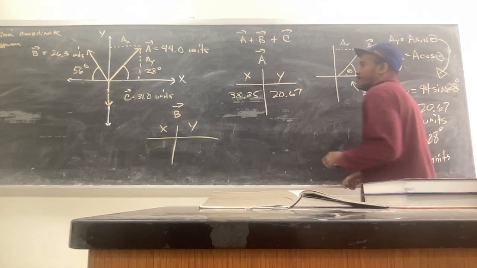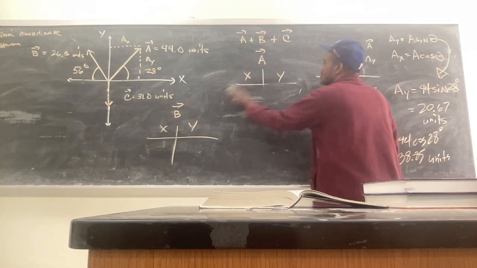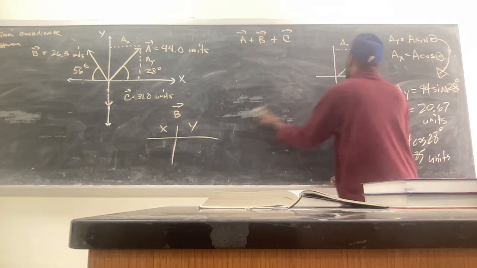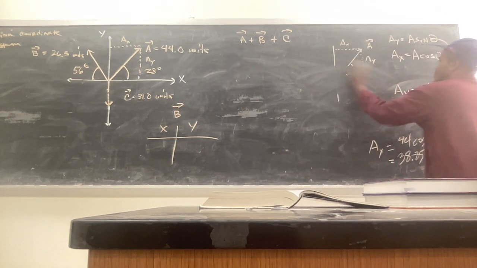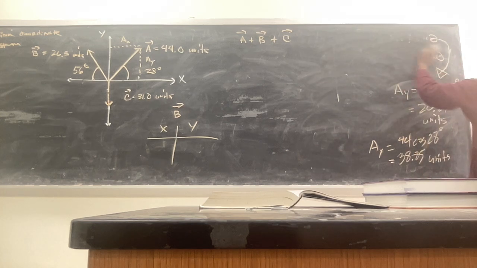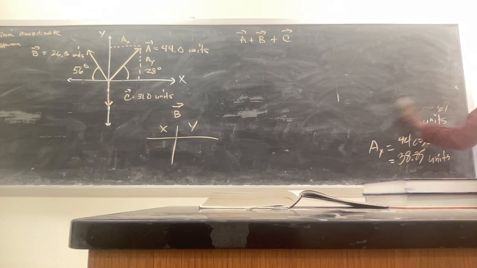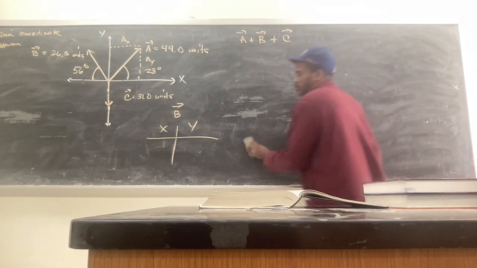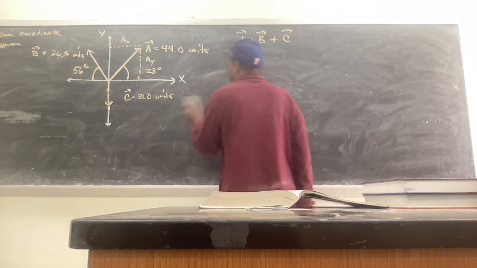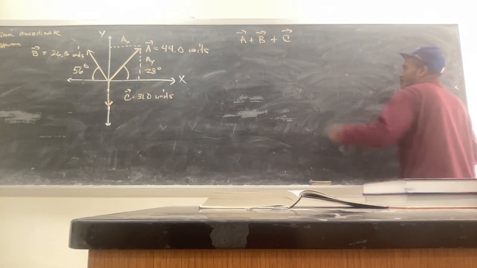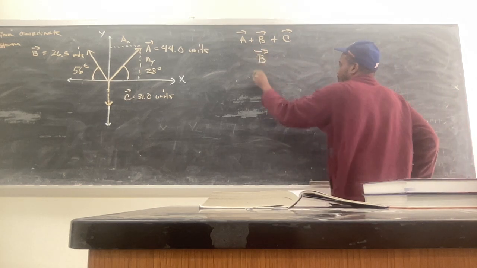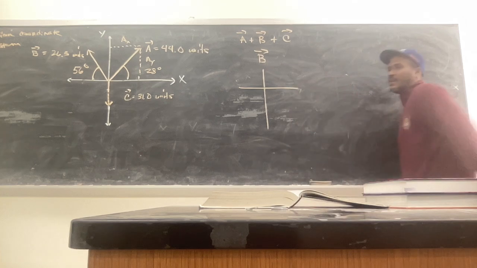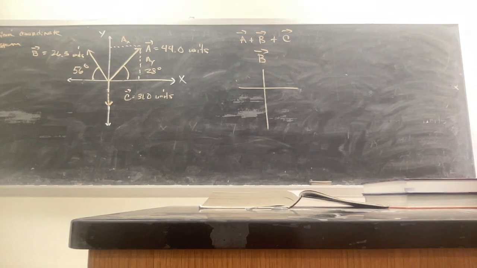Every vector has what? Two components, X and Y component.